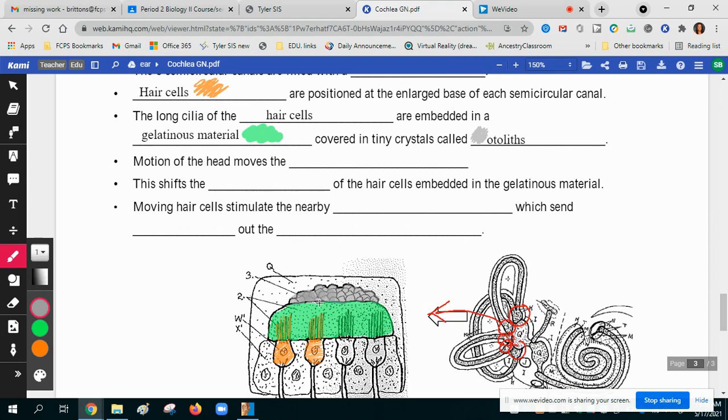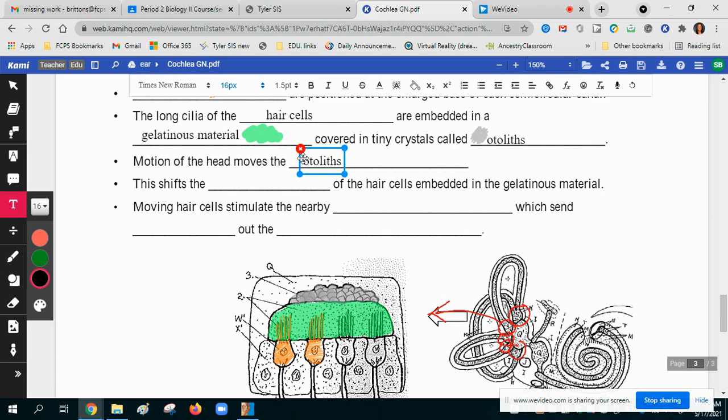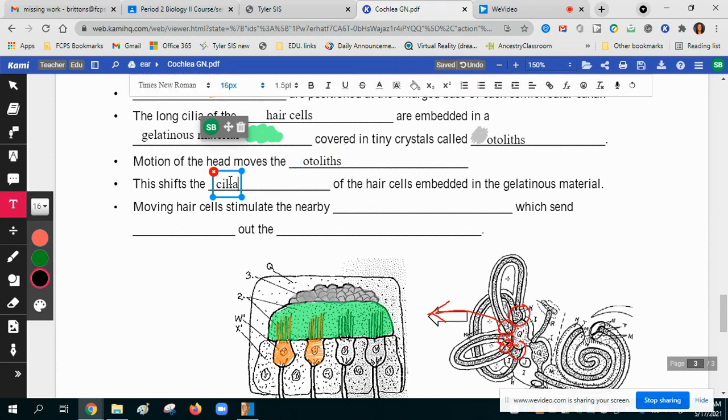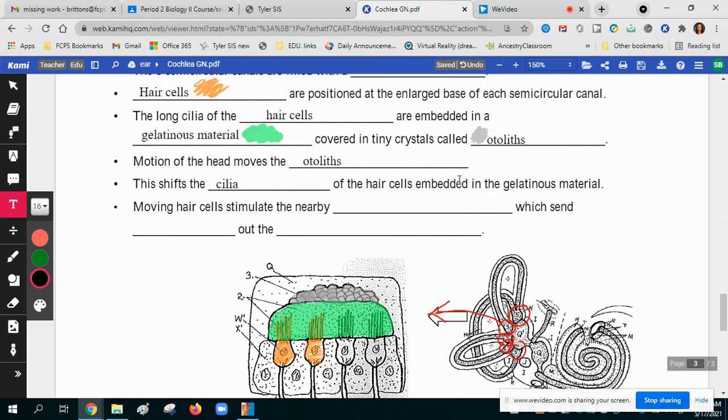Now gravity is taking a hold of these parts. So motion of the head moves the otoliths. This shifts the cilia of the hair cells embedded in the gelatinous material. Okay, so it's like we're tipping our Jello mold to the side. Of course it's going to move.